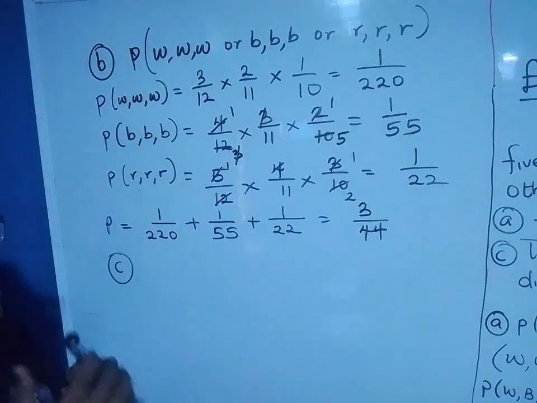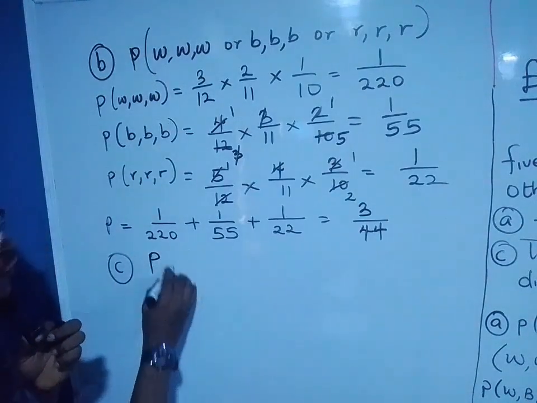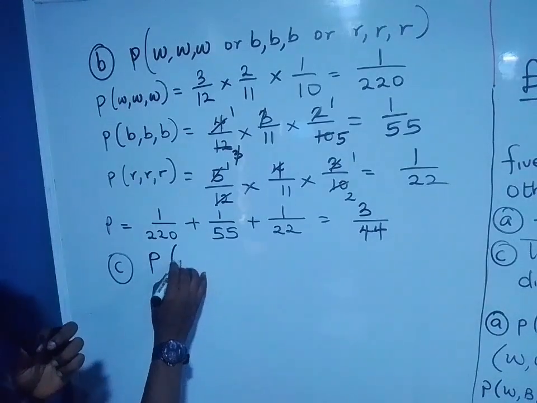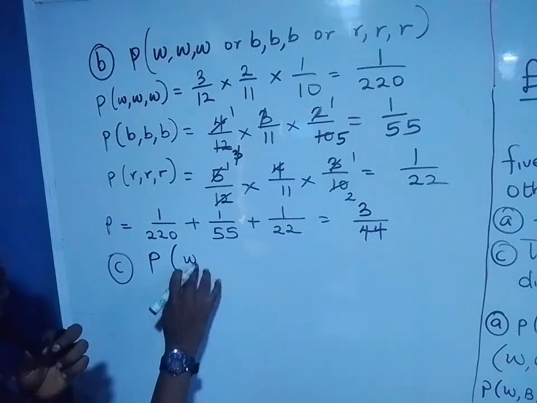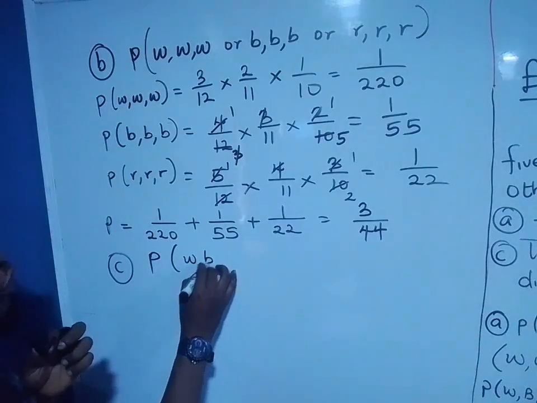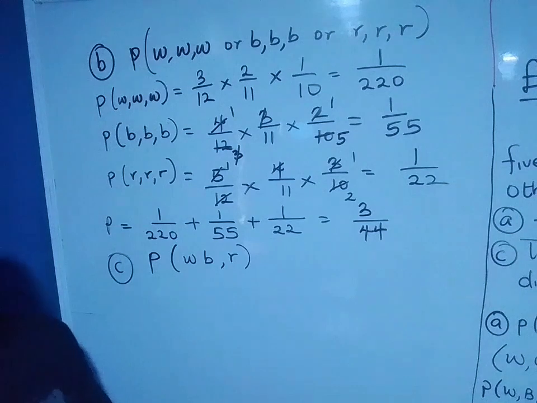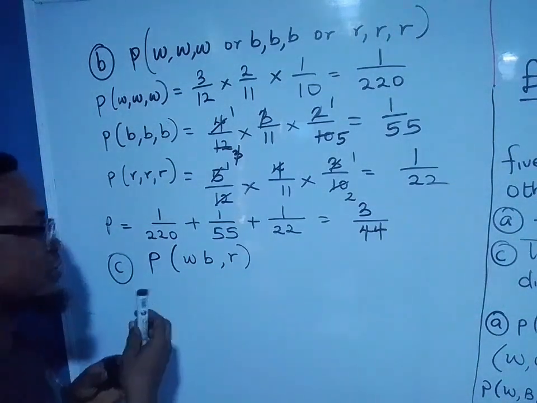Okay. So the last one says, what is the probability that the 3 marbles are of different colors? So our sample point that we're looking for now is different colors, which is white, blue, and red. This is it. Different colors. There's no other combination. Whether you say white, blue, or red, it's still the same thing.